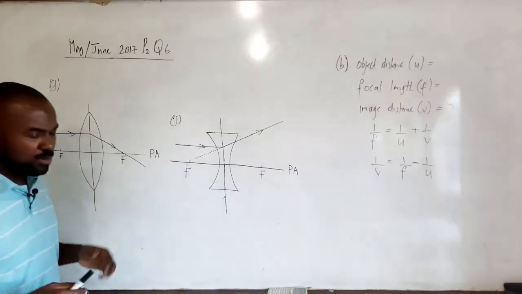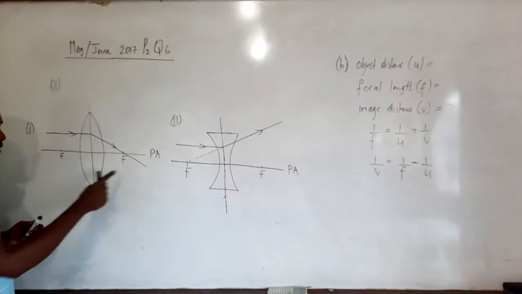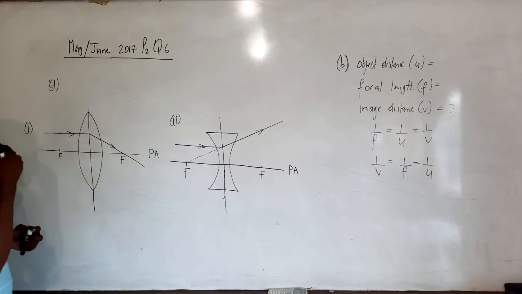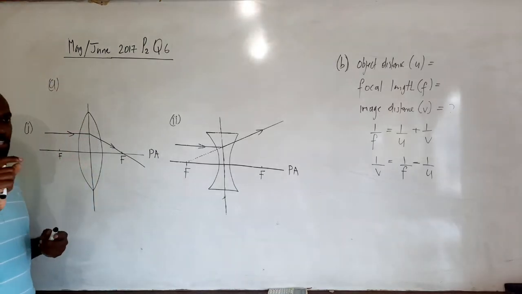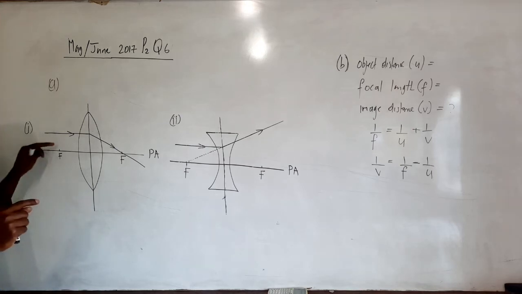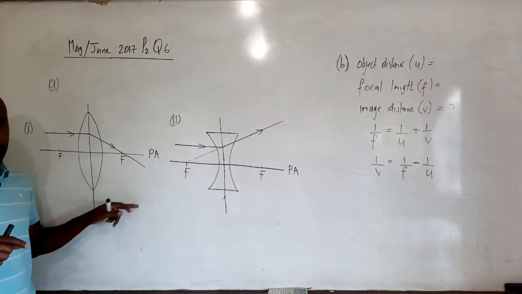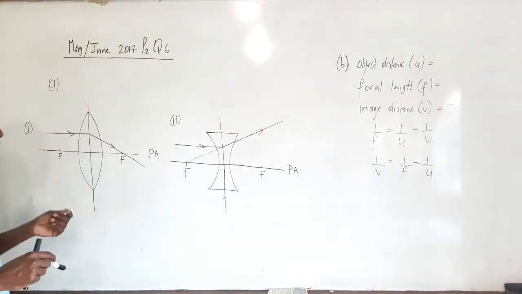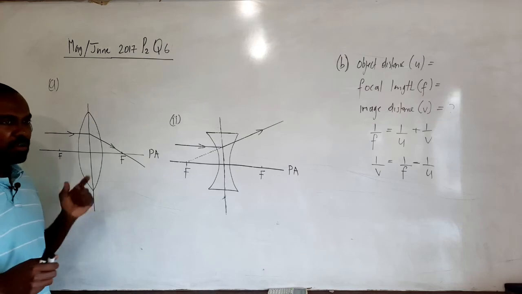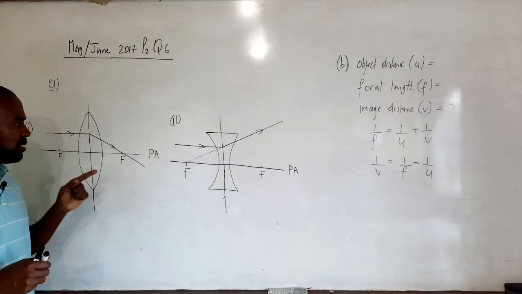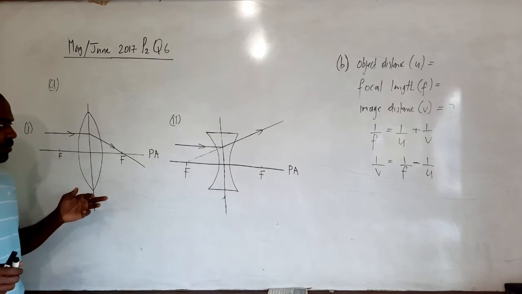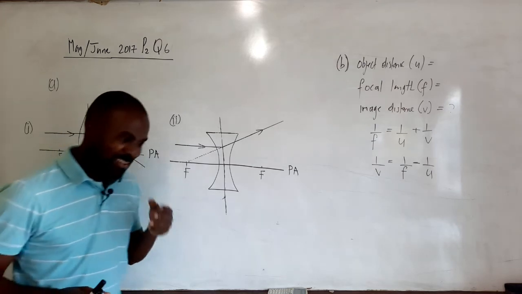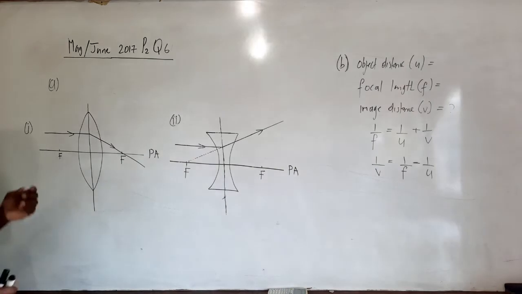So based on this diagram, we could define the principal focus of a converging lens as the point on the principal axis through which a refracted ray of light, which was incident parallel to the principal axis, passes. Let me try to word that better.